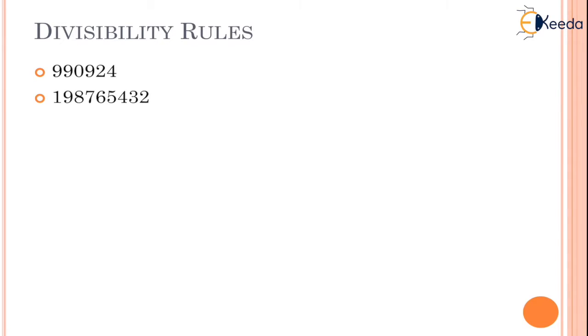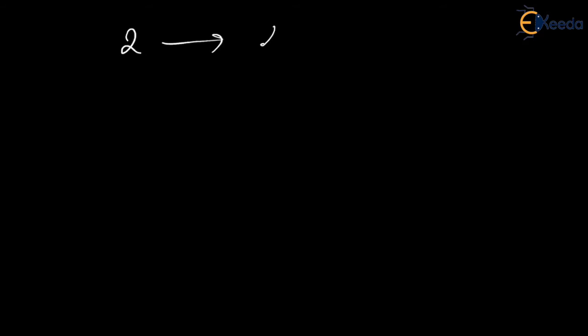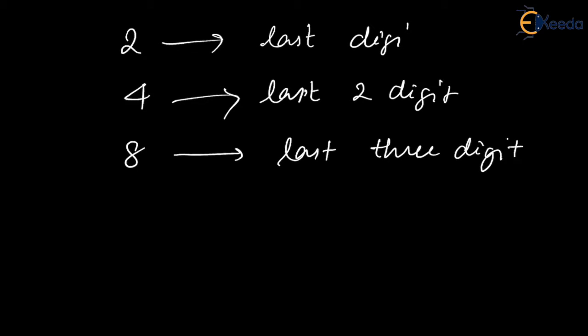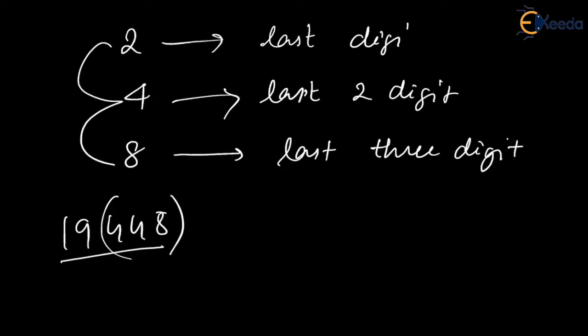For 2, the last digit; for 4, the last two digits; whereas for 8 it has to be the last three digits. So for 8 we have to check the last three digits. Are they divisible by 8 or not? So 2, 4 and 8 go together: for 2 last digit, for 4 last two digits, for 8 last three digits.